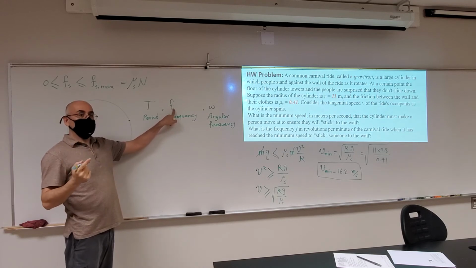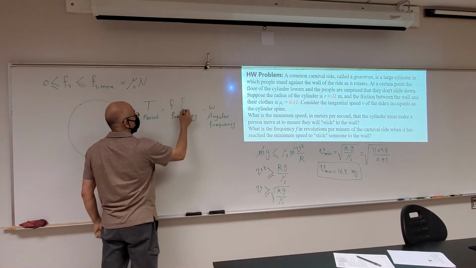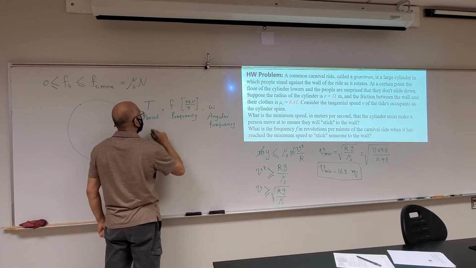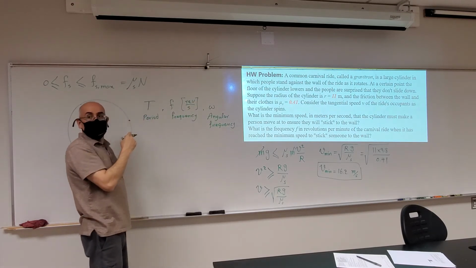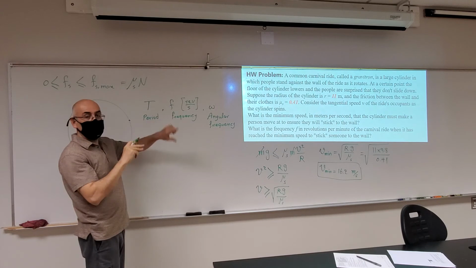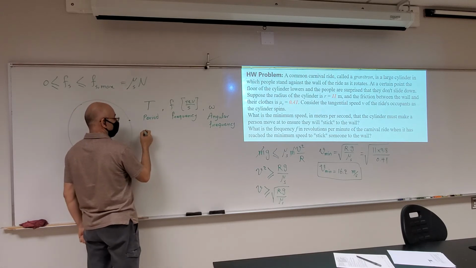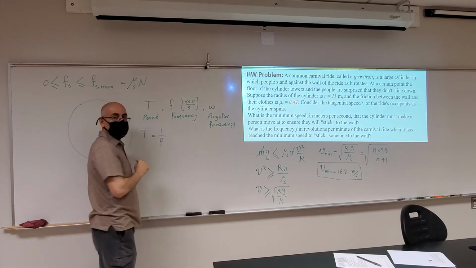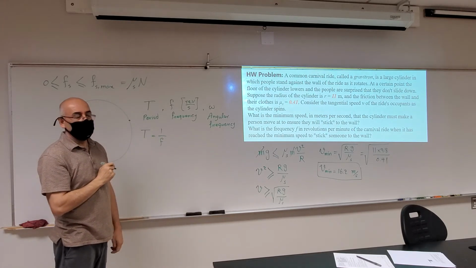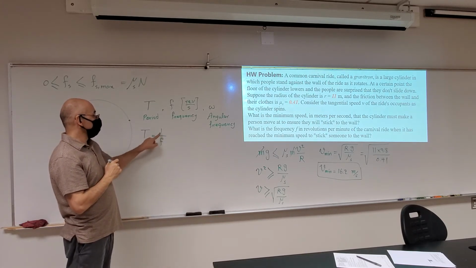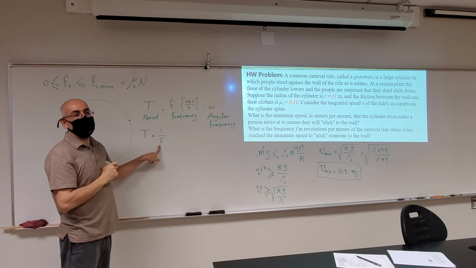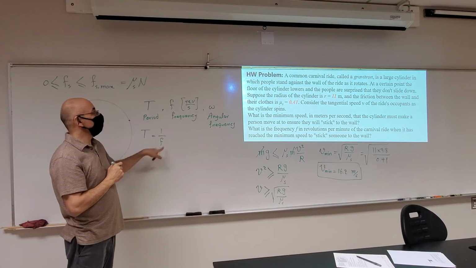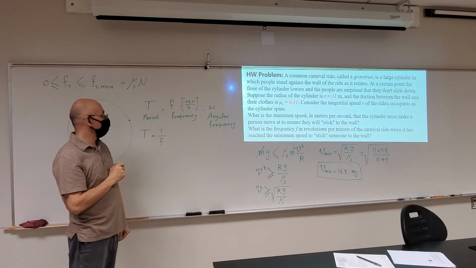Frequency is revolutions per second. This is the time of one revolution. So these two are inverses of each other. So T is 1 over f, or f is 1 over T. T is in seconds, frequency is in inverse seconds, 1 over second. How many revolutions per second?